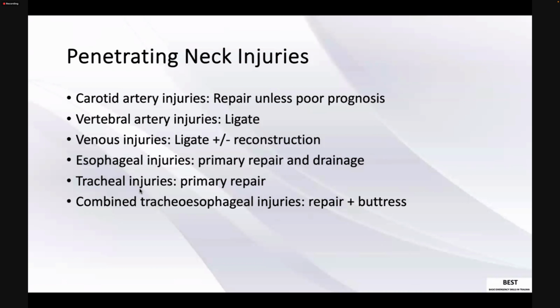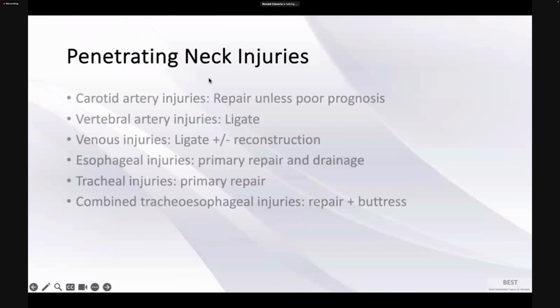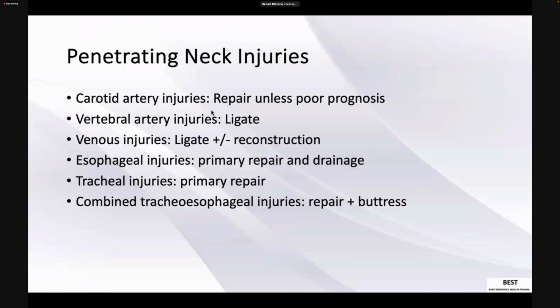Okay to start here or previous slide? The previous slide is just this one, the list of injuries. Okay, thank you.